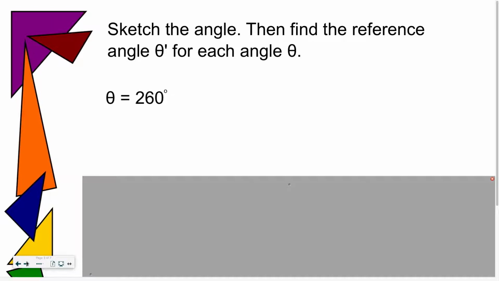Okay, so let's start with 260 degrees. Everybody graph 260. When you graph an angle, you should show me the initial side on the positive x-axis. 260 is going to land its terminal side in which quadrant? Quadrant 3. It's really close to 270, which is that negative y-axis.